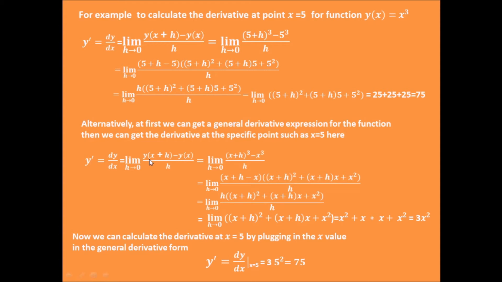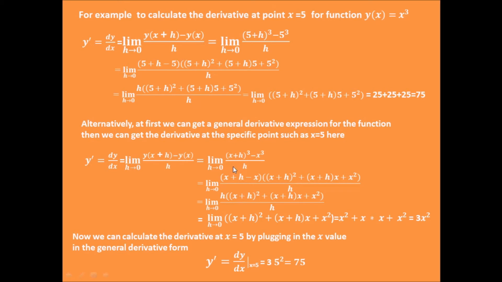The function value at x plus h can be obtained by treating x plus h as a single variable and putting it into the function, which gives (x plus h) cubed minus the function value at x, which is x cubed, divided by h, with h approaching 0.